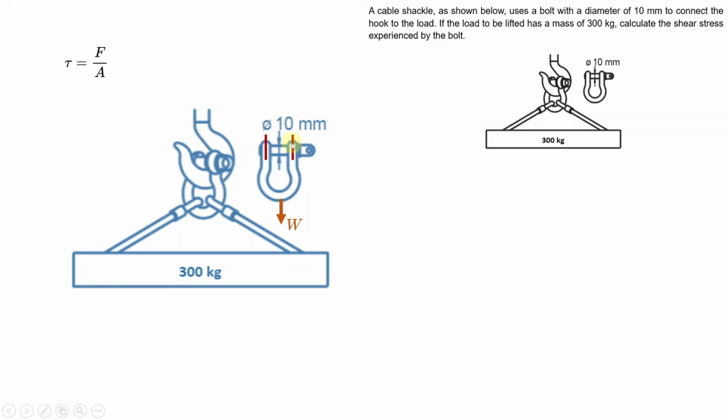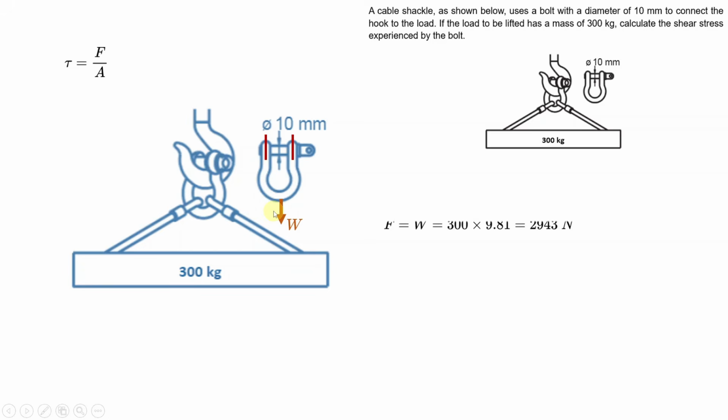So here, you have this shear area on the bolt, and you also have that shear area on the bolt. And the load that is acting on the bolt is this weight due to that mass of 300 kilograms. So let us go ahead and find the value of this load.